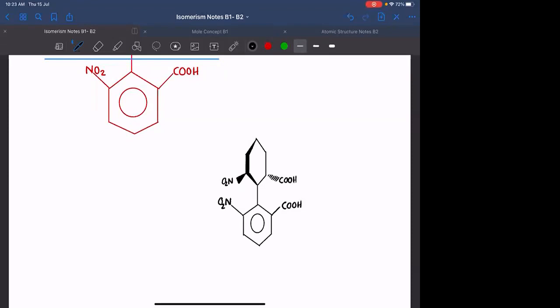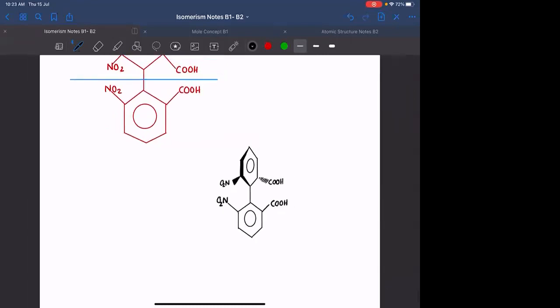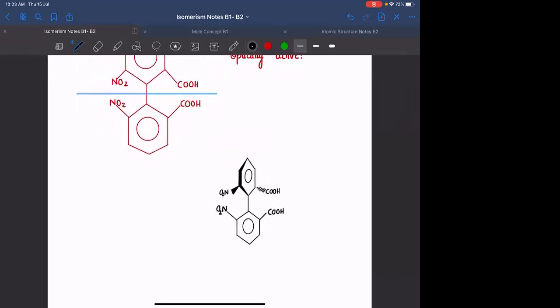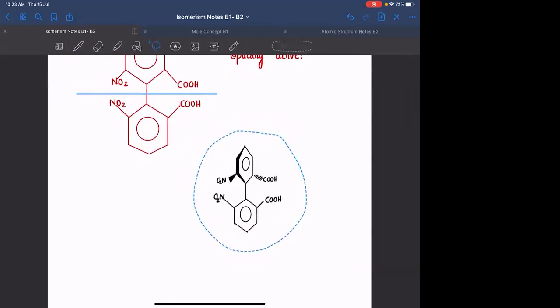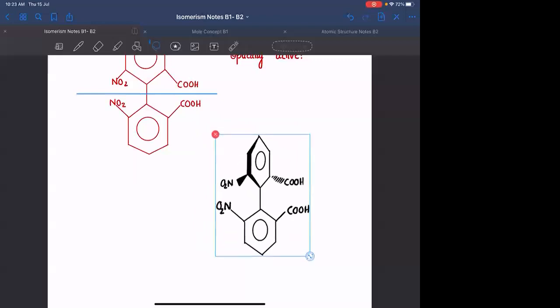So it is no longer a planar molecule. It is a non-planar molecule. Is that clear, everyone? This is no longer a planar molecule.